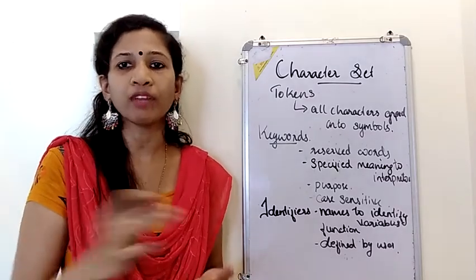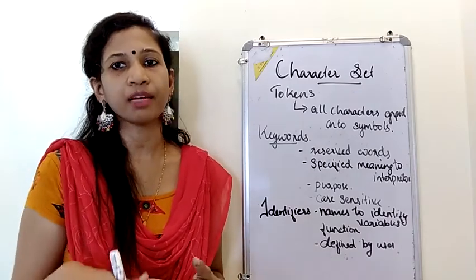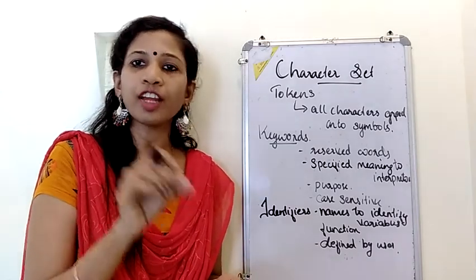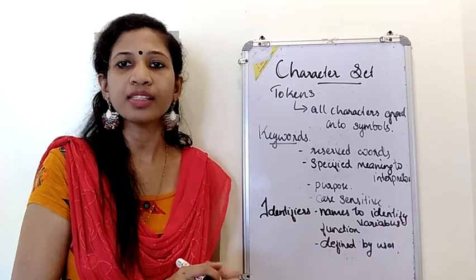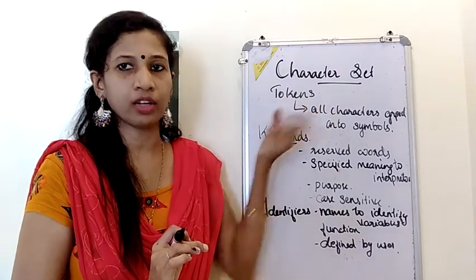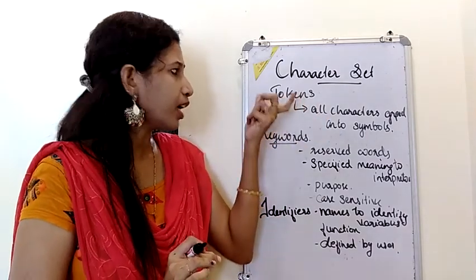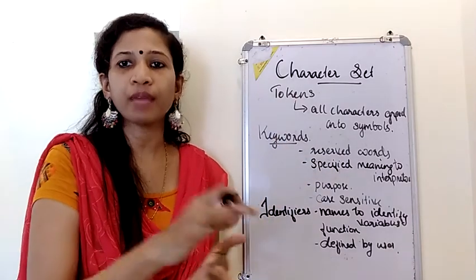For writing a program we have to write multiple statements, and each and every component included in a statement forms a token. So that's the token that frames a program.